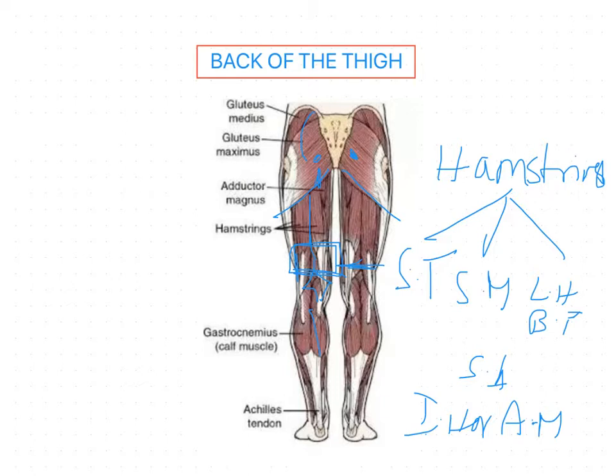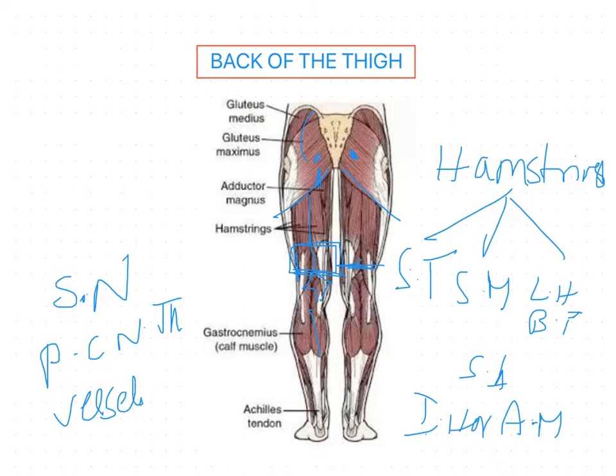If you see the nerves, the main nerve present on the posterior aspect is the sciatic nerve, and the next nerve is the posterior cutaneous nerve of thigh. If you see the vessels, the main vessels are the branches coming from the profunda femoris artery, which is a branch of the femoral artery.